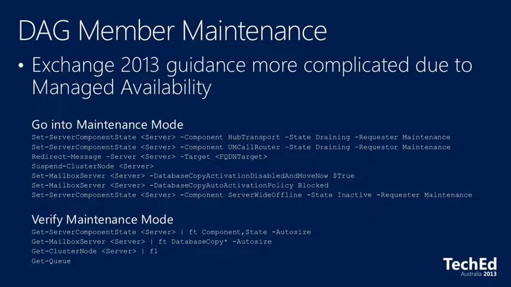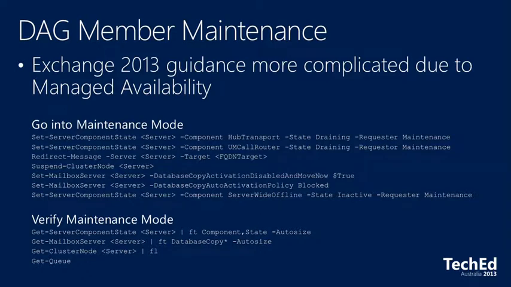So going into maintenance mode isn't just about quiescing the DAG and the user activity, it's also about telling managed availability that you're about to do maintenance on this system and don't come in behind me and restart services or recycle application pools or reboot the server as I'm trying to install an update on it. And that's very critical for you to do that.